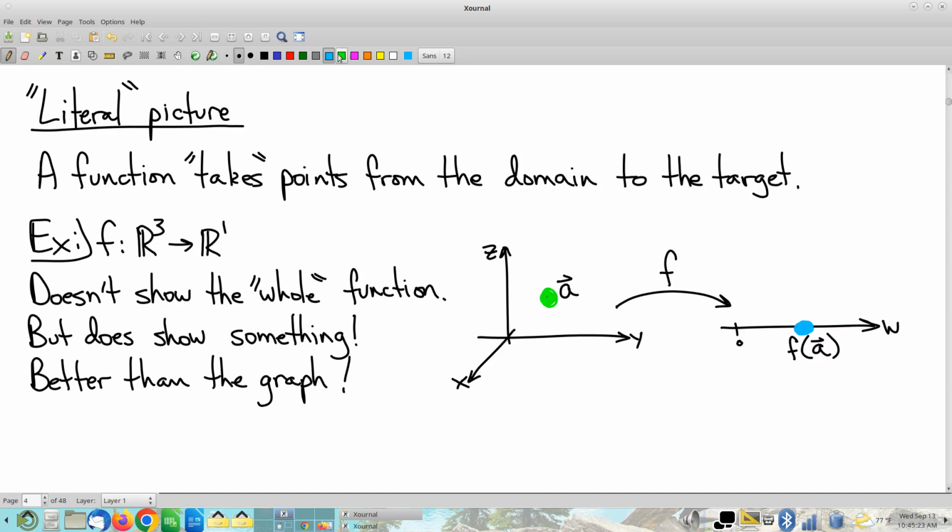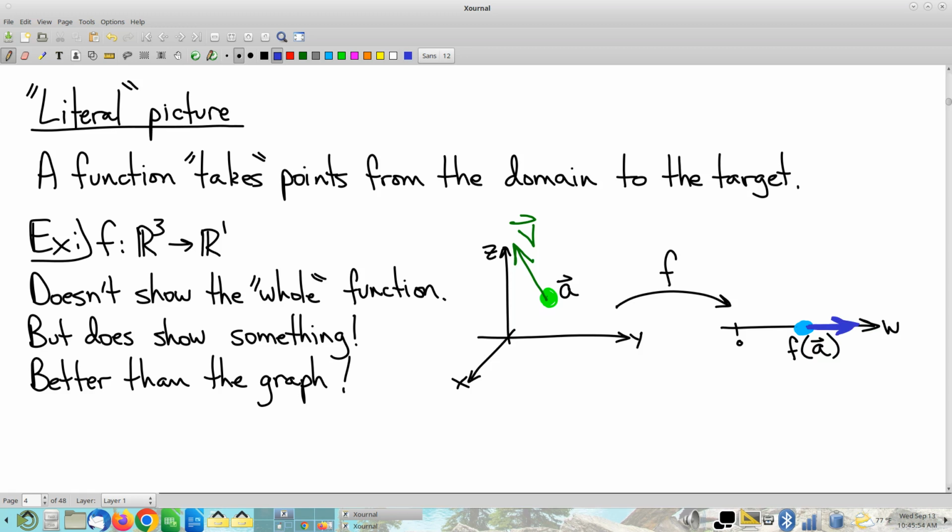If I am at this point, and if I start moving with some velocity in the domain, I mean, that's plausible, right? I could be here, I could be moving. Then, I'm going to different points in the domain, so the value of the function is going to change. And as I move thusly in the domain, I will have some corresponding movement in the target.